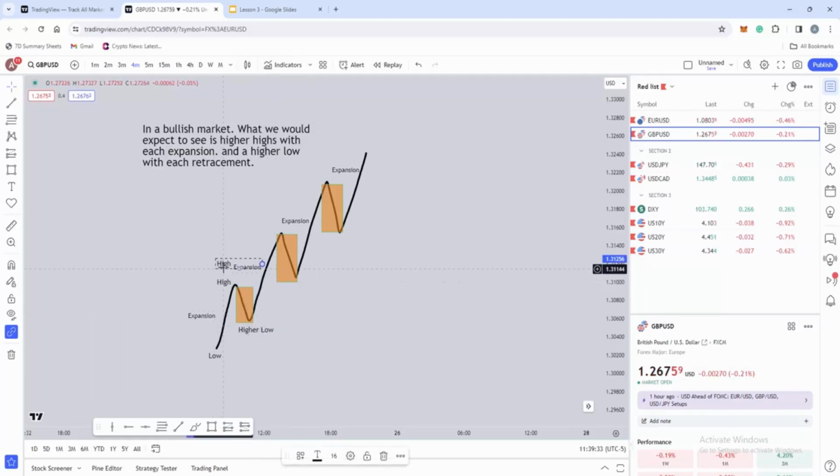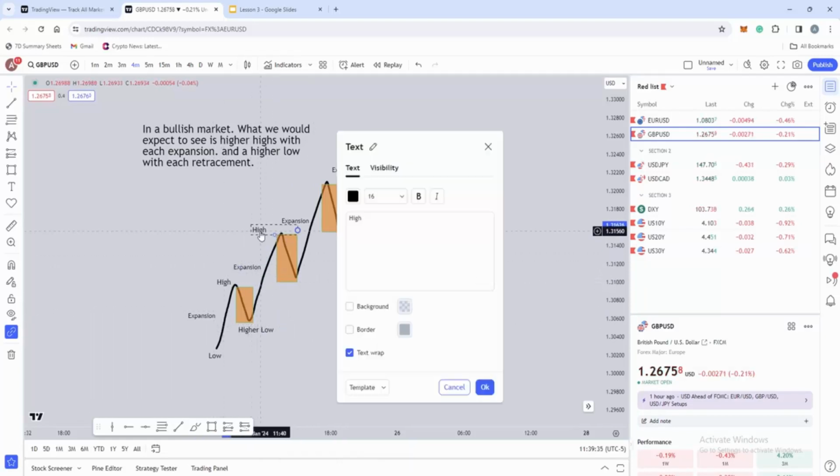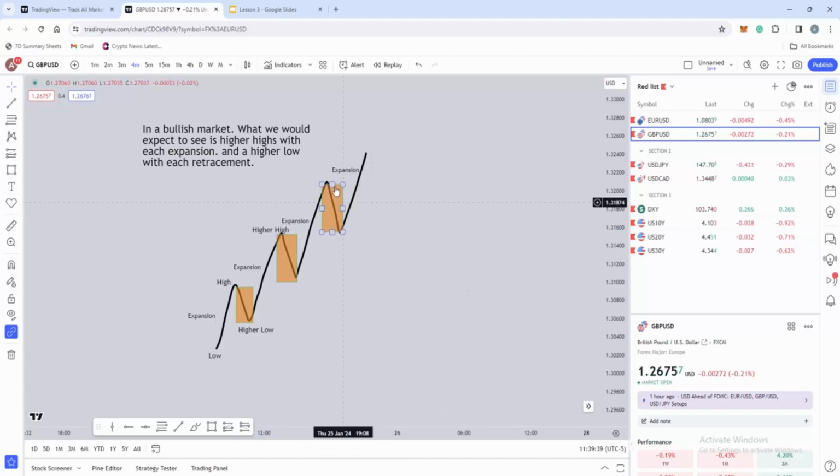And then take the high, copy paste that, put it here, higher high. And the reason this is a higher high is because the swing high over here is lower than this swing high. So the newest swing high from the newest expansion is higher than the previous swing high made. That's why it's called the higher high.